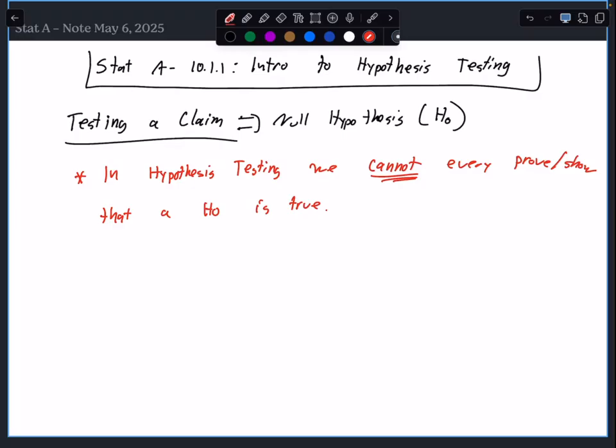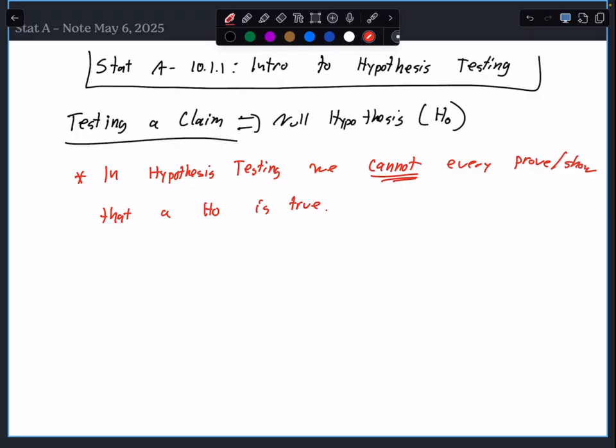Now, you cannot prove someone to be innocent. That's hypothesis testing. You cannot prove that an individual is innocent of a crime. And as such, the whole job is on the prosecution to prove that the null hypothesis is false. You're looking for evidence that would mean that it is not true. You can prove a null hypothesis to be not true, but you cannot prove a null hypothesis to be true.